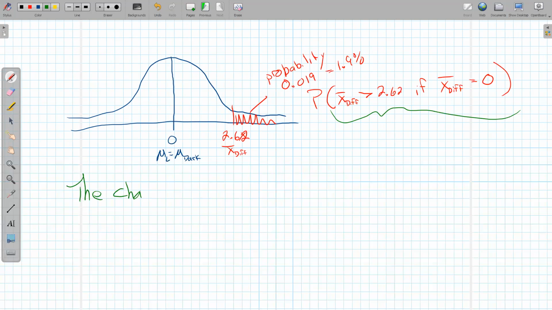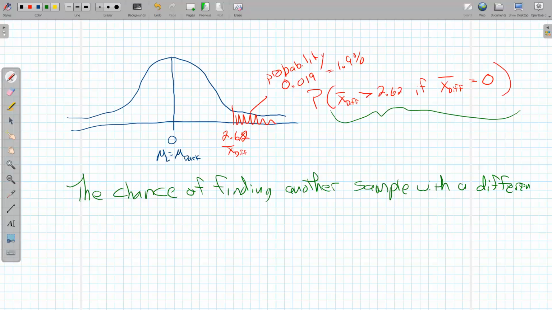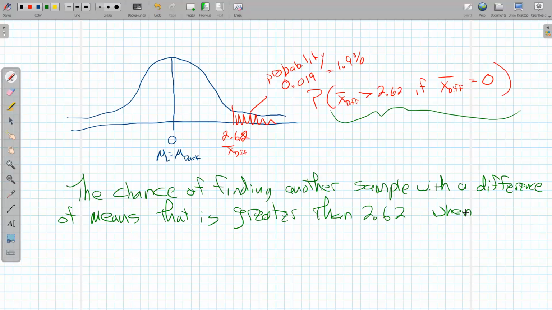So the chance of finding another sample with a difference of means that is greater than 2.6, when we were expecting a difference of 0, no difference.